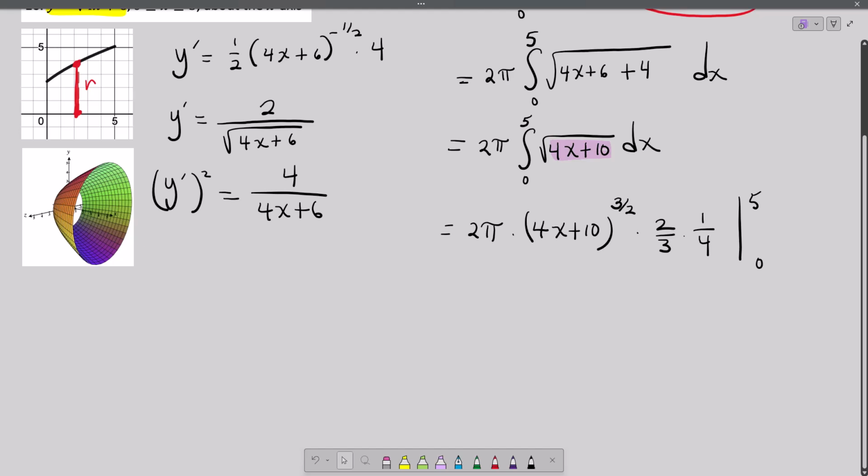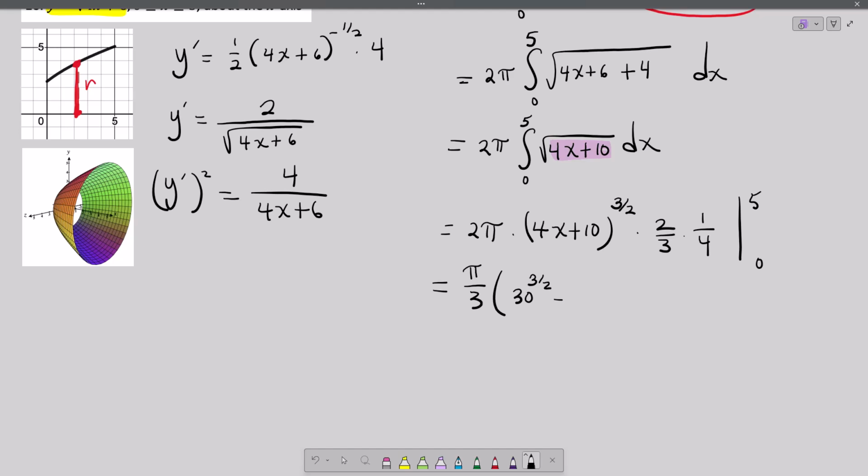So we will end up with 2 over 12, 4 over 12, so 1 over 3. The 4's are canceling. So we end up with pi over 3 here. So that's the combination of these constants. Now we plug in the 5, and we're going to get 30 to the 3/2.